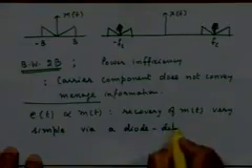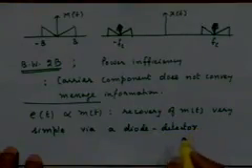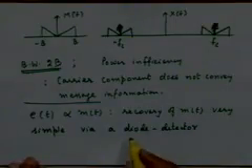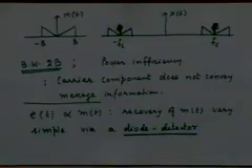You will soon see that it is such a simple device, has exactly 3 very cheap components in it, and can effect demodulation. Whereas that earlier demodulator required you to have an analog multiplier and a low pass filter. A low pass filter will be required here also, but you also require a complex carrier recovery circuit, which we didn't even show in that block diagram because that's fairly complex.